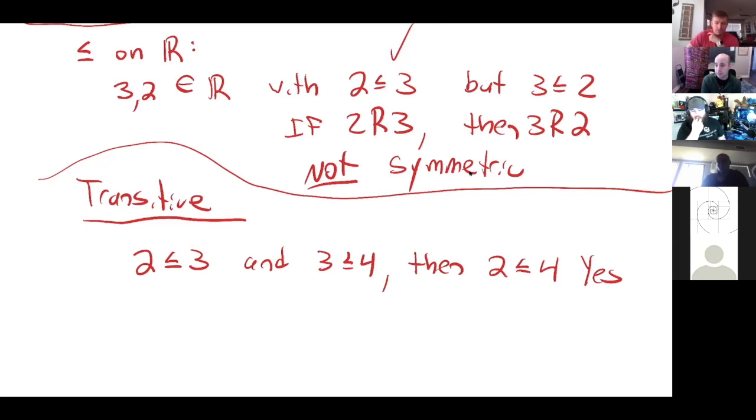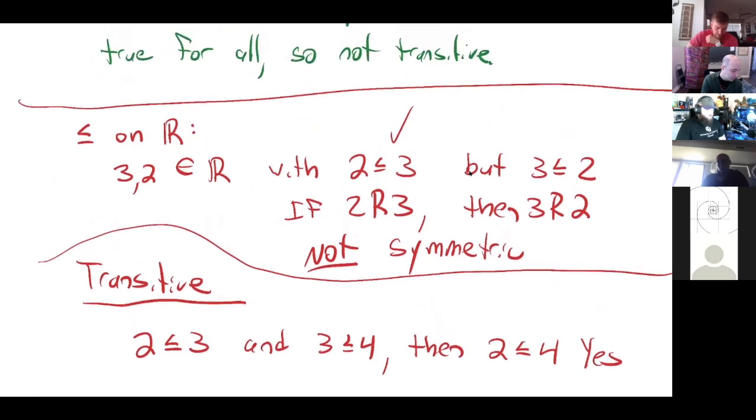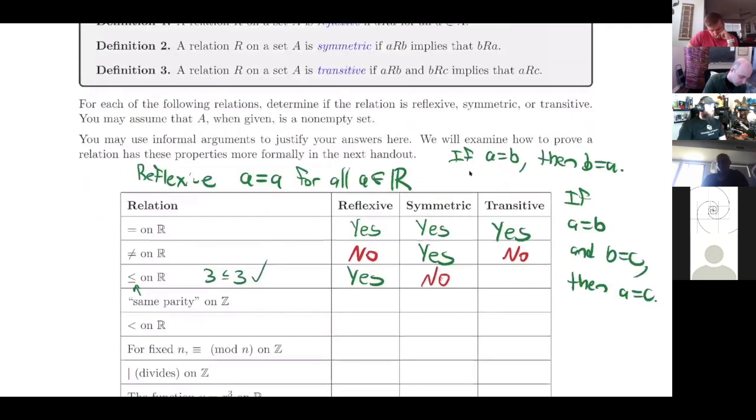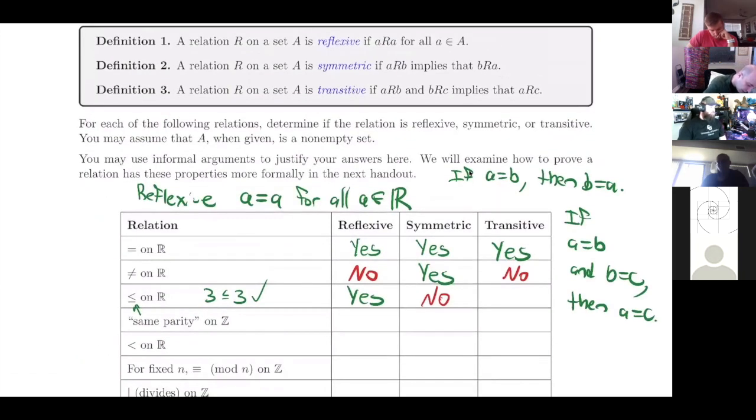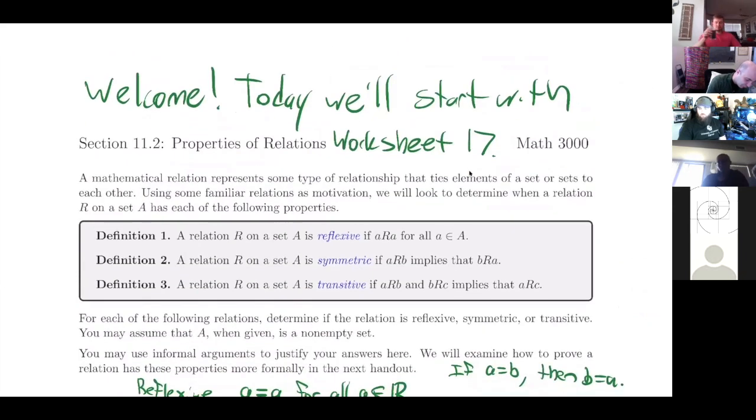Any questions? Okay, so there was a question about the not equal to one. Someone was asking about why is it not reflexive? And so the definition for reflexive says for all elements in the set, it should be true that it is related to itself.